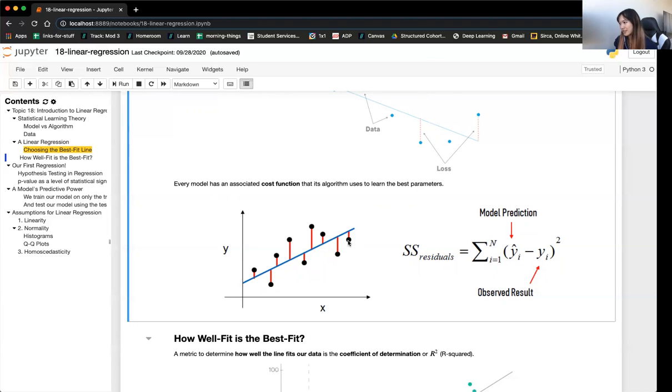So the best line has the overall smallest sum of squared errors. We'll talk about this a little more at the start of next phase when we're talking about gradient descent and how cost functions are optimized. But for now, just know that the best fit line is the line that results in the smallest sum of squared errors. Questions about this?